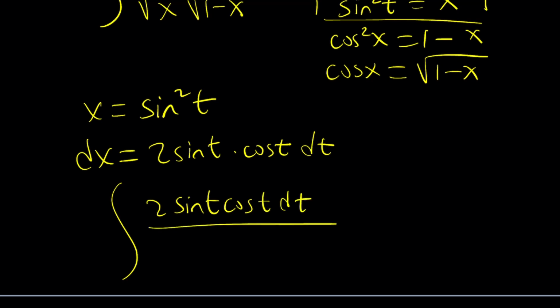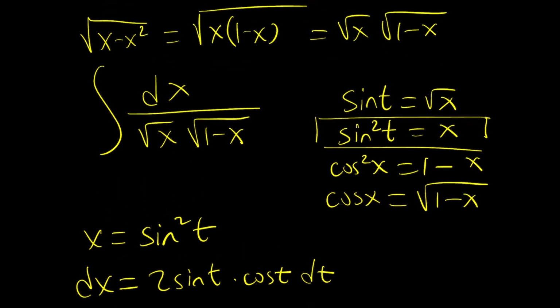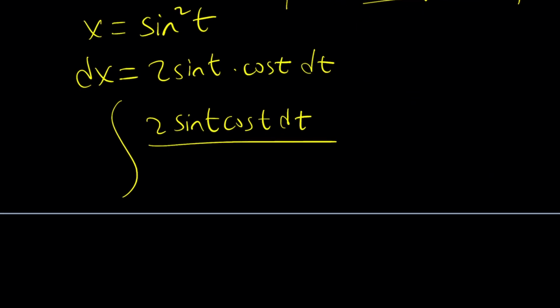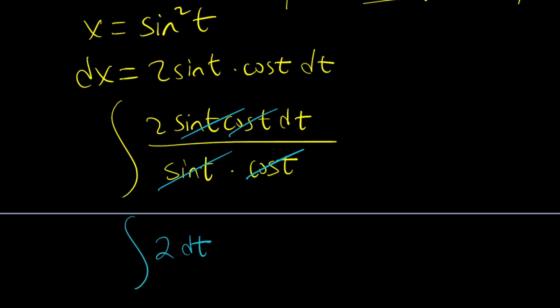And then remember, we had the square root of x and square root of 1 minus x. Square root of x is just going to be sine t from here. So this is going to be sine t, and the other factor is just going to be cosine t. How nice, right? Pretty convenient. And then sine t and cosine t are both going to cancel out, leaving us with the integral of 2 dt, which is just 2t plus a constant.